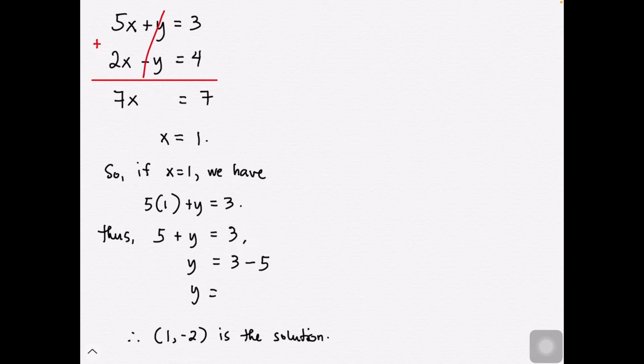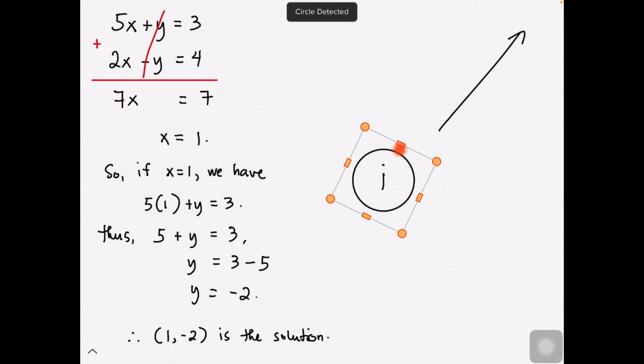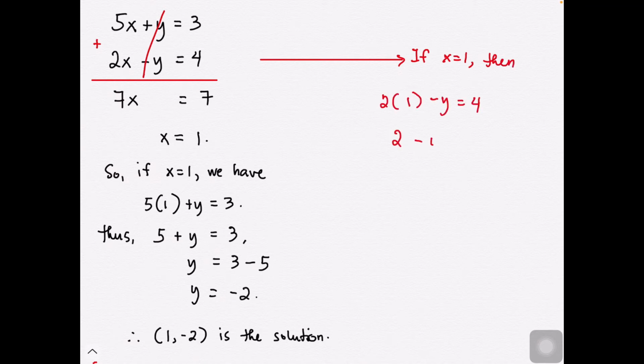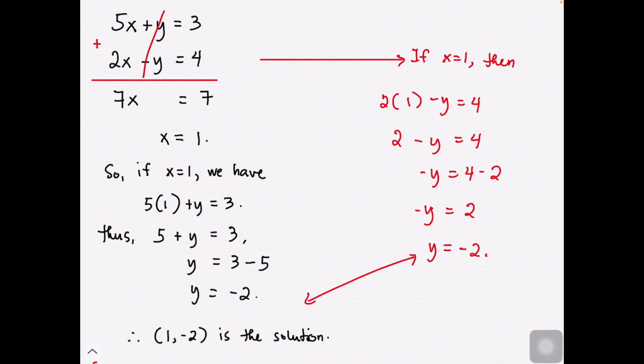If you want to recall operations on integers, just have a suggested video. See, substituting the obtained answer x equals 1 to either of these equations would give us the same answer y equals negative 2.